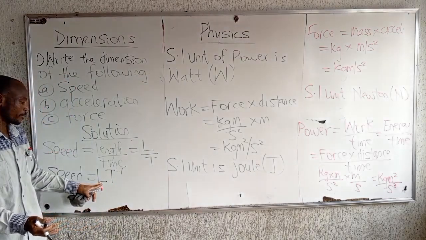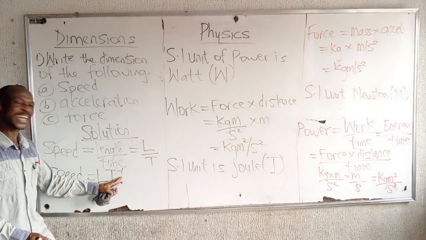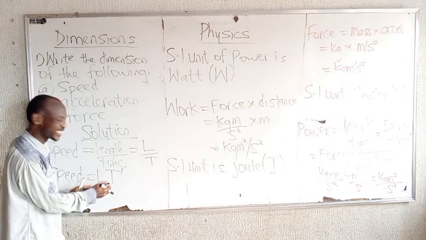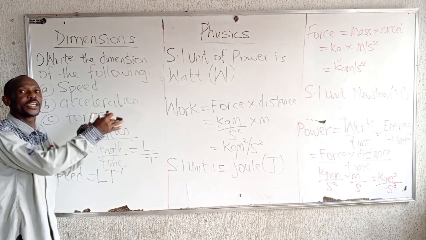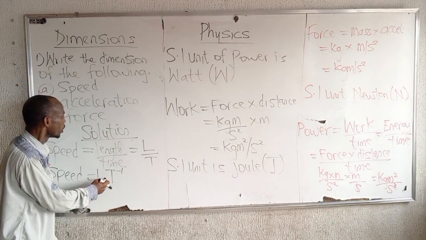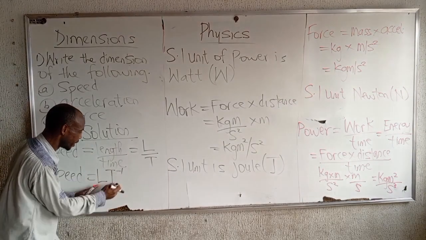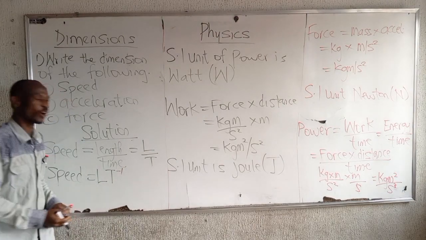Meter per second. So we have expressed the unit, but now in the initials, using the first letter of their derived quantities. L T raised to the power of minus 1.